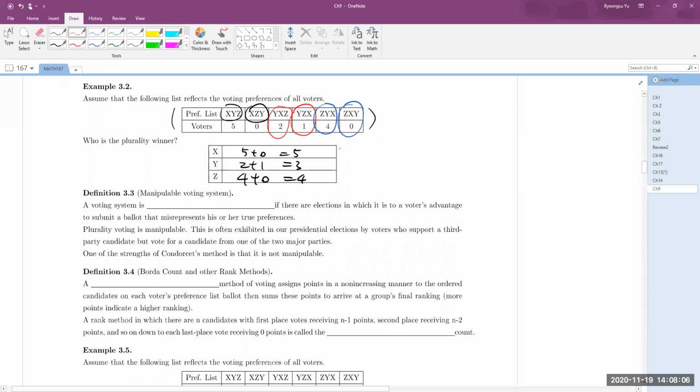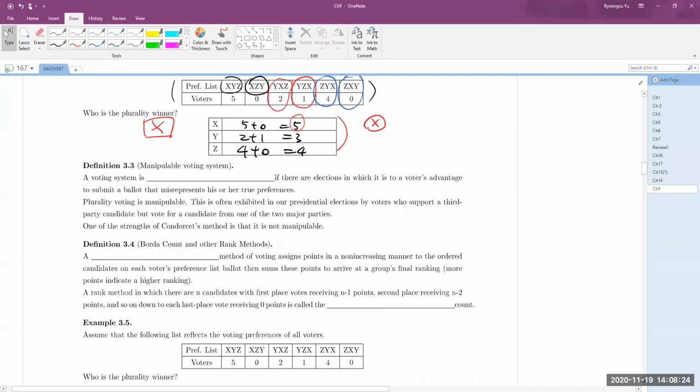And in this case, again, there is no majority winner, but there is definitely a plurality winner, which is X, right? Because 5 is the greatest among all the other votes, right? So the plurality winner is X. Right? Okay, do you have any questions?